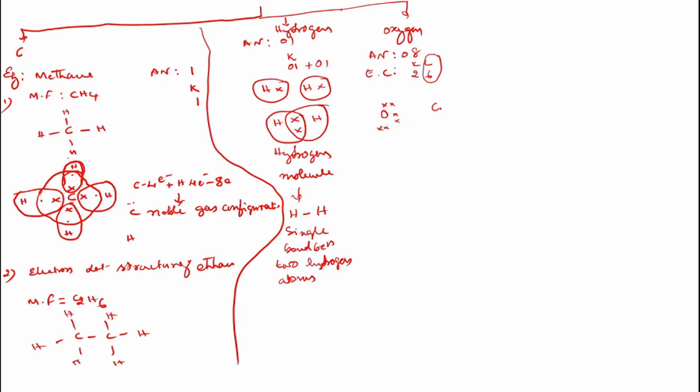So one more oxygen. Now we will see the dot structure. Oxygen, 2 electrons, 2 electrons. Now here 2, here 2, here 2, here 2.